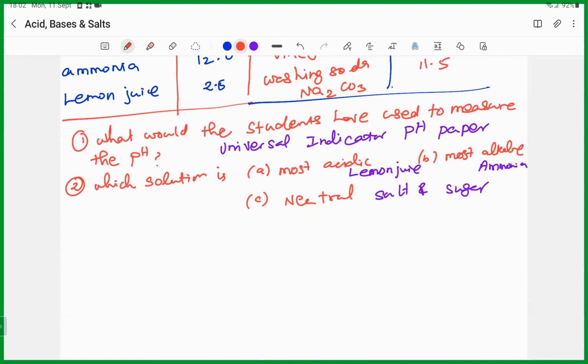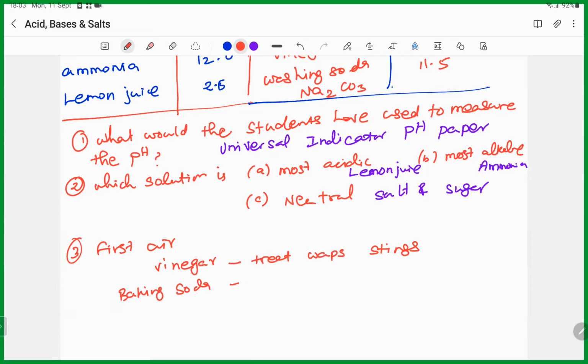The third question: a first aid manual suggests that vinegar should be used to treat wasp stings, and baking soda for bee stings.